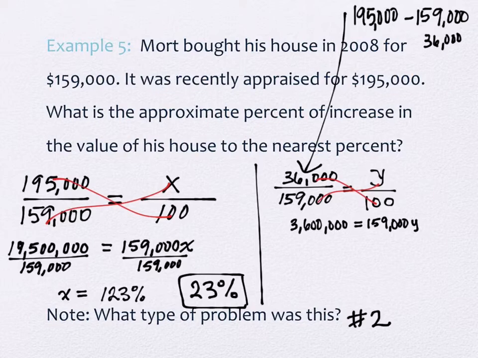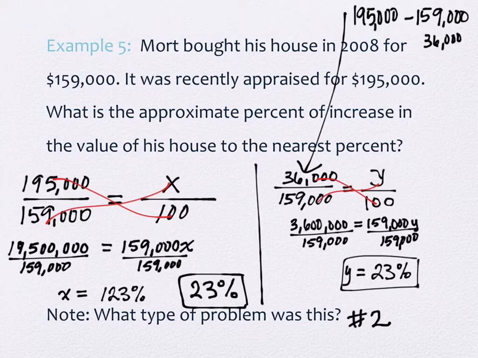And then double check. Take 3, 6, and then the 5 zeros and divide by 159,000. What do you get? Did you get 23? 22.6, and then if we round to nearest percent, it'd be 23, right?